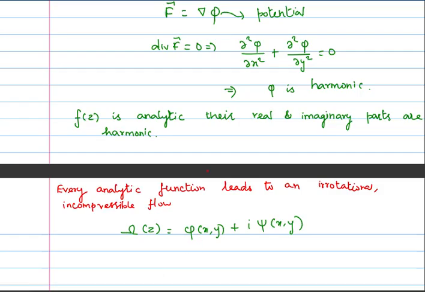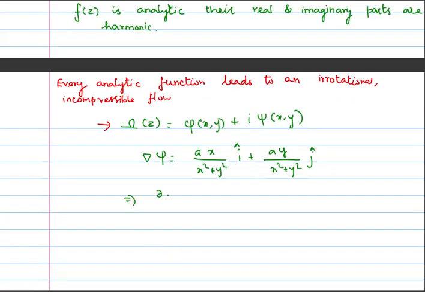Okay. So that phi is obtained from F. I want to determine what omega of z is. So gradient of phi equal to, I got it as a times x divided by x square plus y square i cap plus a times y divided by x square plus y square j cap. So dou phi by dou x equals a times x divided by x square plus y square, and dou phi by dou y equals a times y divided by x square plus y square.